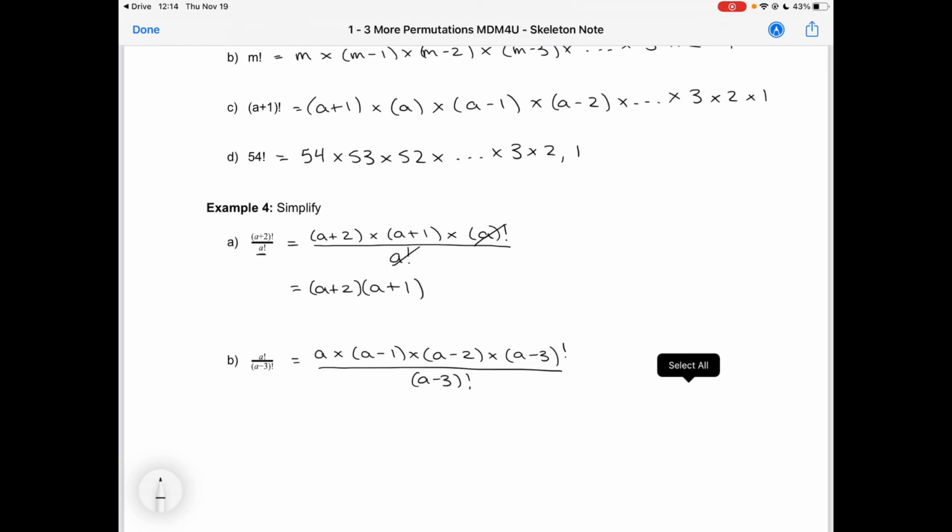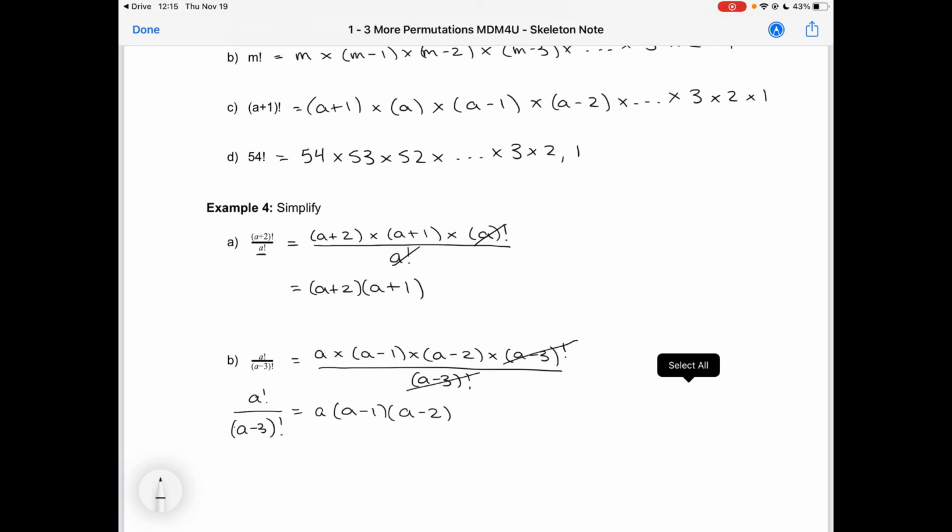So same as in example A, a minus 3 factorial and a minus 3 factorial are just numbers, so they cancel out. And then what I'm left with is a times a minus 1 times a minus 2, which is equivalent to the expression on the left-hand side that has factorials.